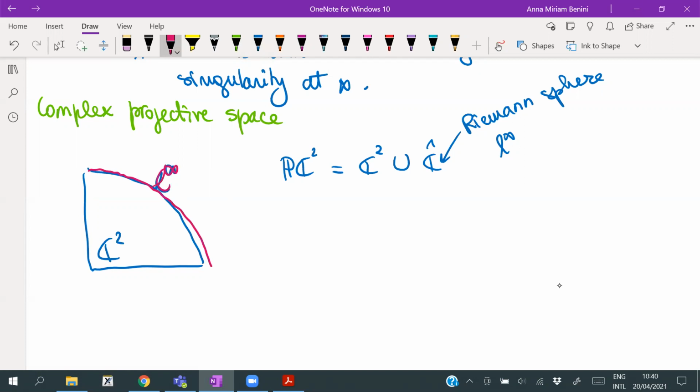Okay, and what you need to know is that points in the line at infinity are identified by 3 coordinates.